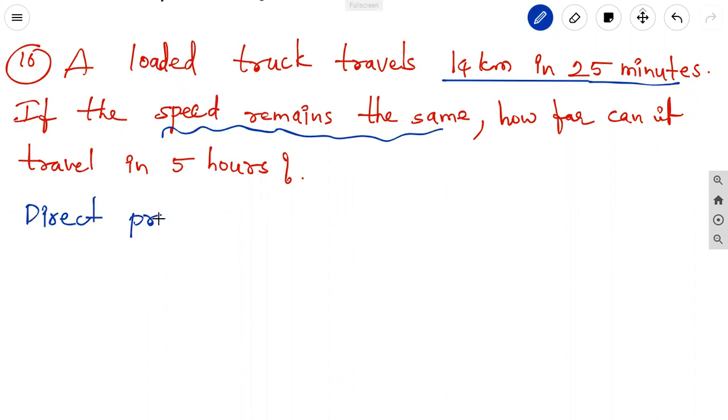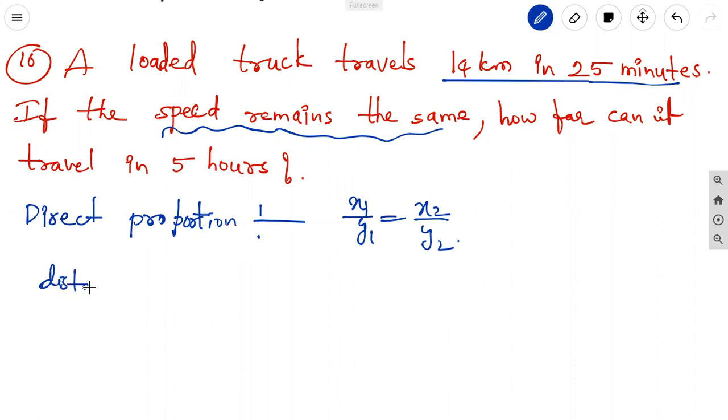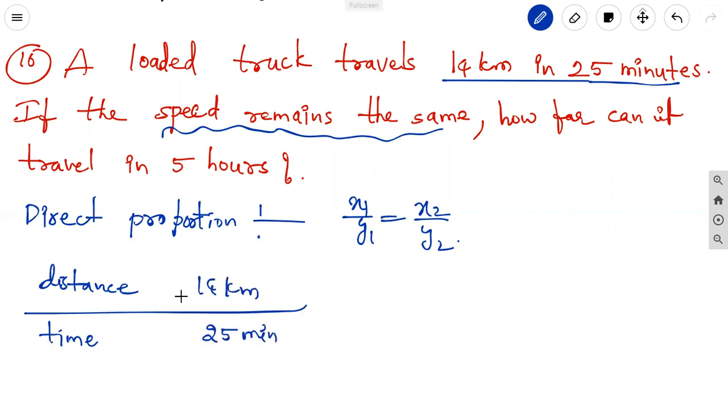The direct proportion relation in two variables is x1 by y1 equal to x2 by y2. Here, from the given data, the distance is 14 kilometer, covered in 25 minutes.